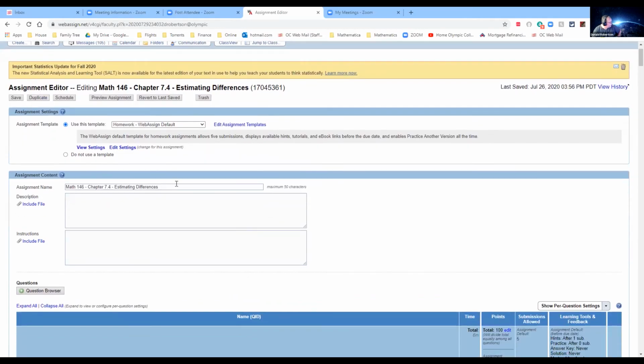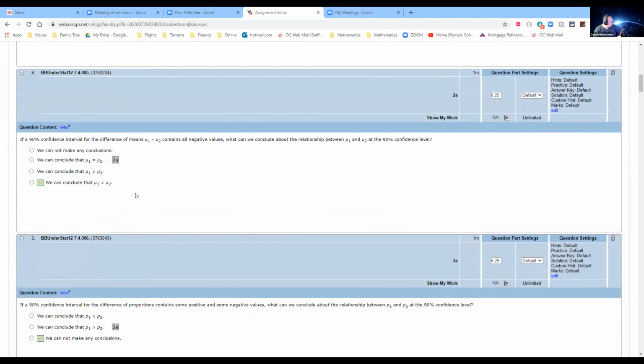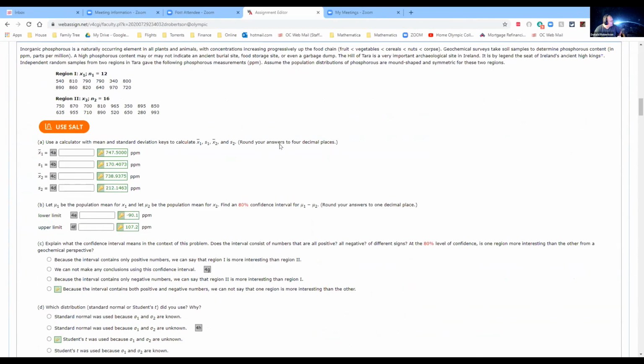Homework from 7-4, estimating differences. The first couple of questions are really to do with the bigger or less than. So in this question here, can you see that's group A, you type them into L1, and that's going to be group B when you type that into L2.